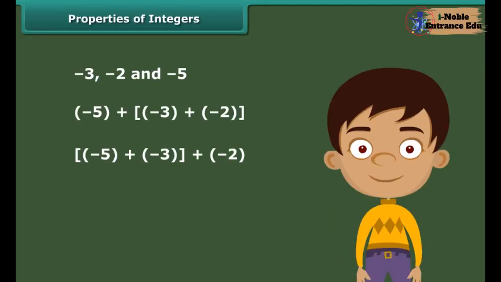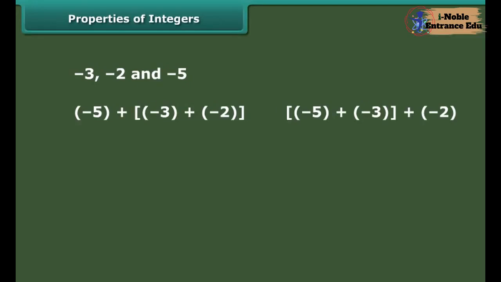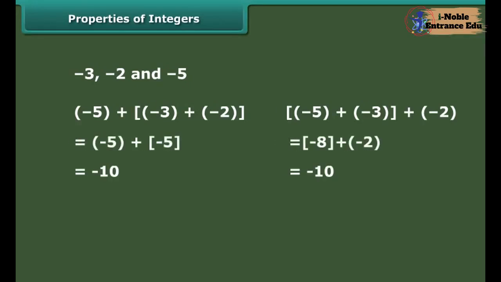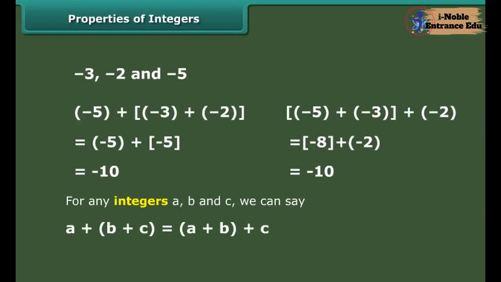In the first sum, minus 3 and minus 2 are grouped together, and in the second, minus 5 and minus 3 are grouped together. In both these cases, we get the answer as minus 10. This shows that addition is associative for integers. In general, for any integers a, b and c, we can say a plus (b plus c) is equal to (a plus b) plus c.